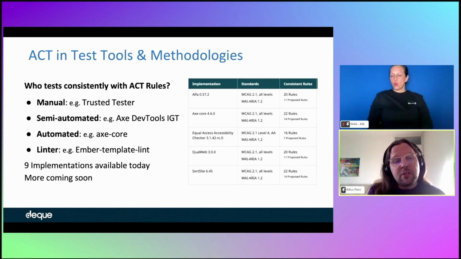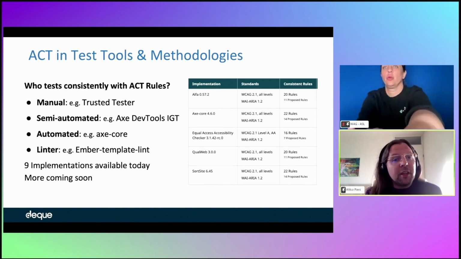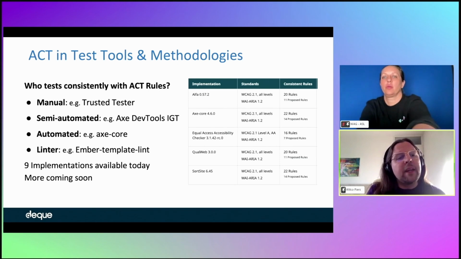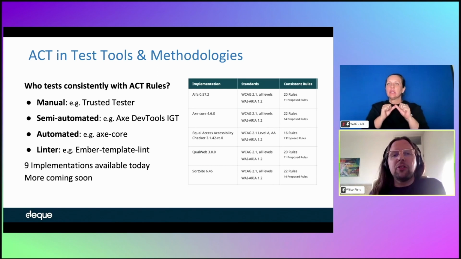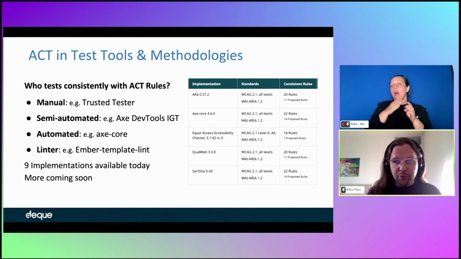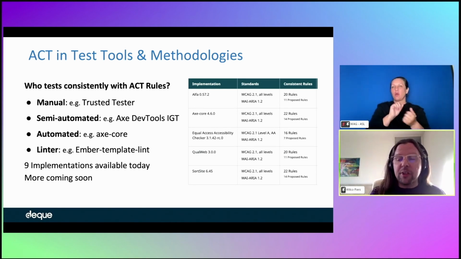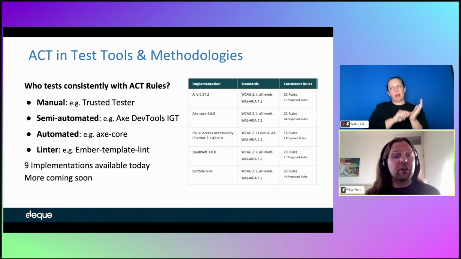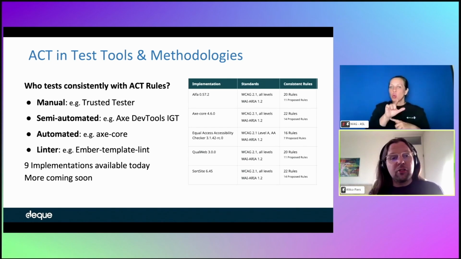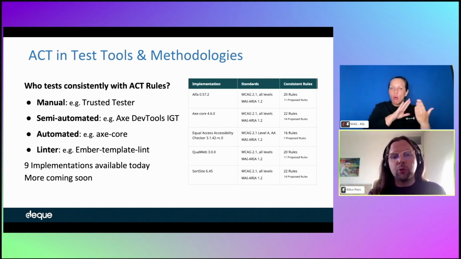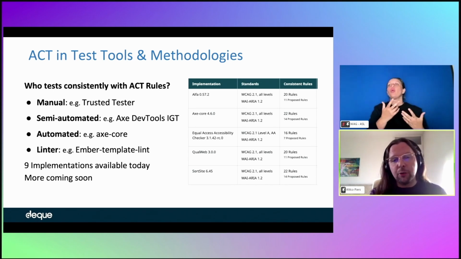So something that the ACT project has been doing is we have been trying to figure out how consistent test tools and methodologies are with the ACT rules. So we have so far published dozens of ACT rules, and we are now starting to track how these tools and methodologies, how consistent they are, and what rules they are consistent with. So we have 4 categories of what we've called implementers. These are manuals, such as the Trusted Tester program.